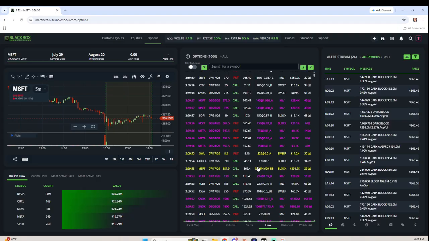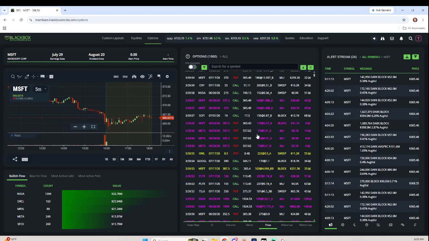You'll see even contract count orders via blocks, usually to hedge and/or cover shares, right? If someone has a certain amount of shares, you're typically going to see an even order attached to shares. You more rarely see 531 contracts, right? Because that doesn't cover an even amount of shares.